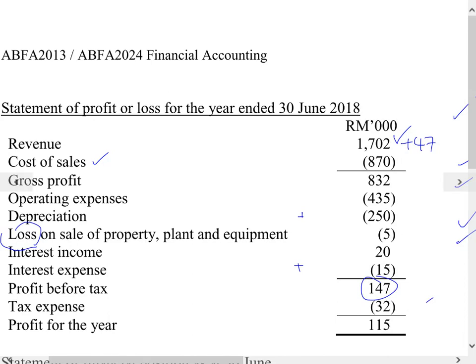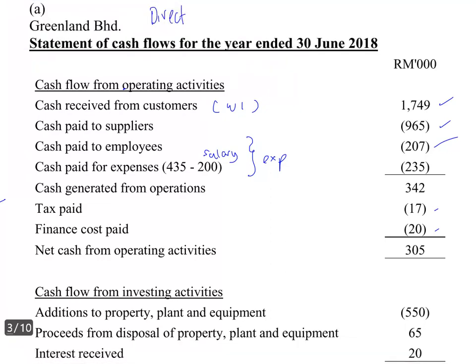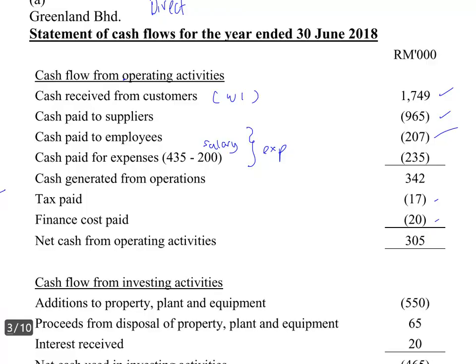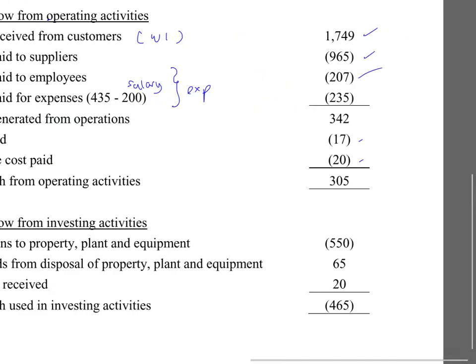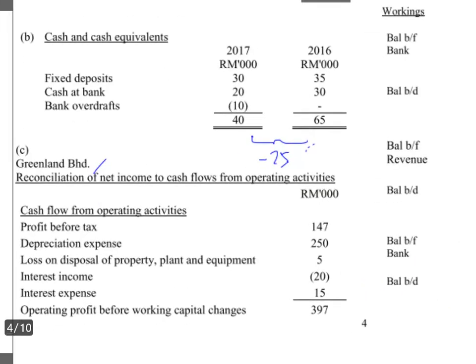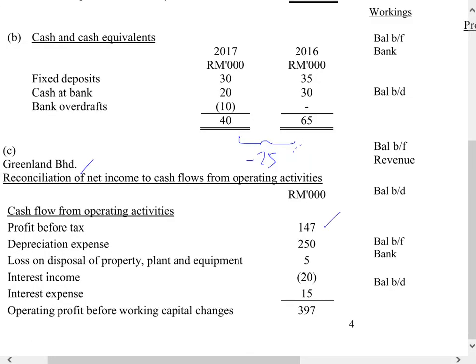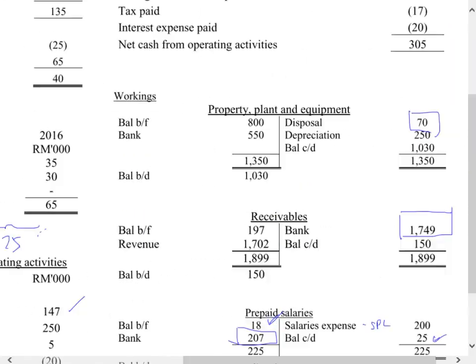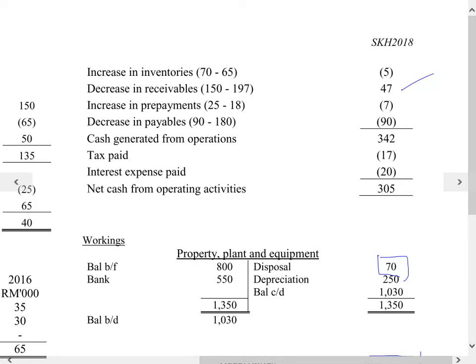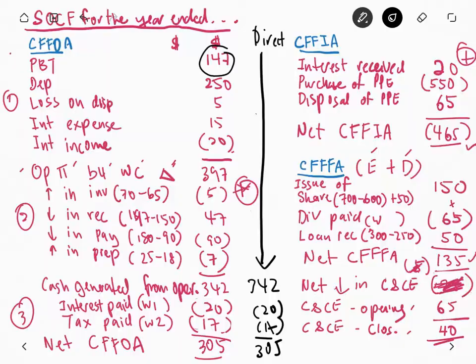That is why when we calculate, we start with profit before tax, 147. We adjust for the 47 here. Add 47. Not only that, can you see this one?